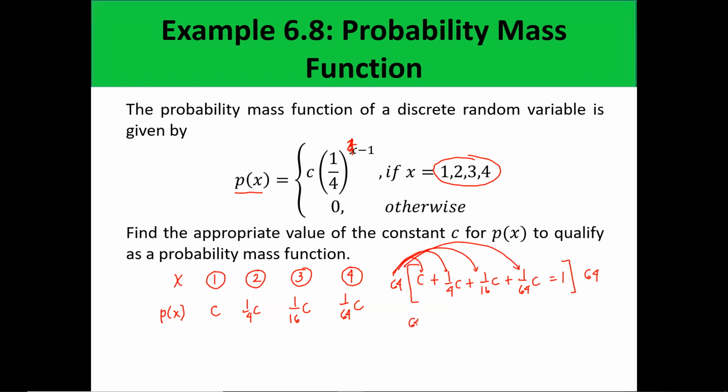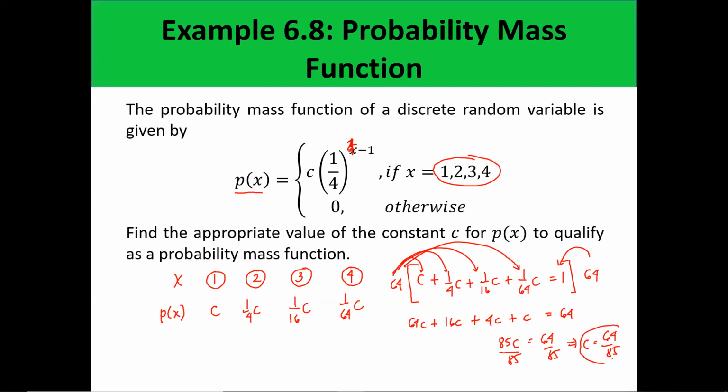So we get 64 times c plus 16c plus 4c plus c equals 1 times 64, which is 64. And then adding the terms in the left side, we get 85c and equate it to 64. And then dividing both sides by 85 will give us c is equal to 64 over 85.